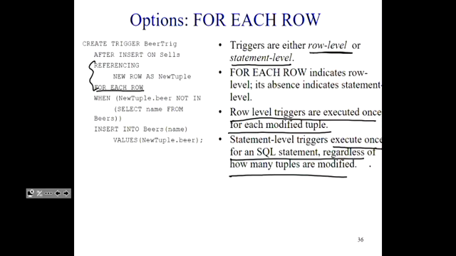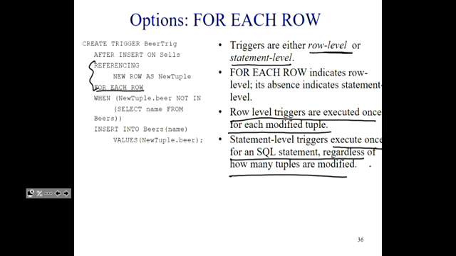On the other hand, if I want to measure something about the entire set of tuples that are updated, let's say I want to check if the number of tuples that have been inserted is greater than 100. I can't do that by doing each row. Right? I can't look at each row at a time. I have to look at the entire set of tuples at a time. So in that case, I would prefer a statement level trigger.